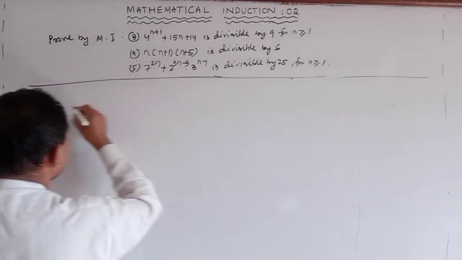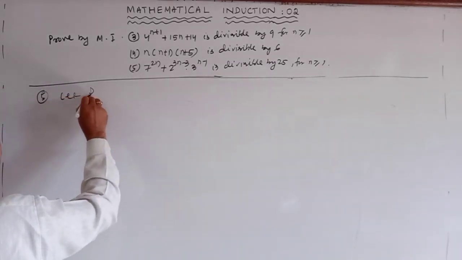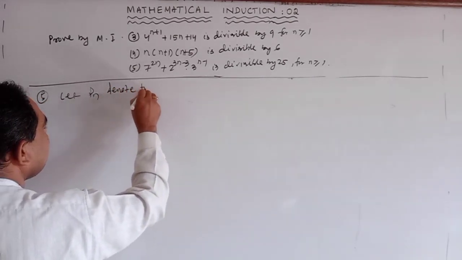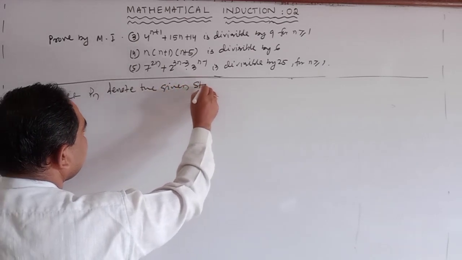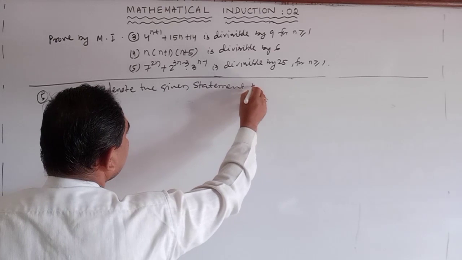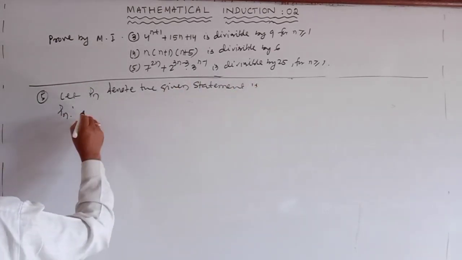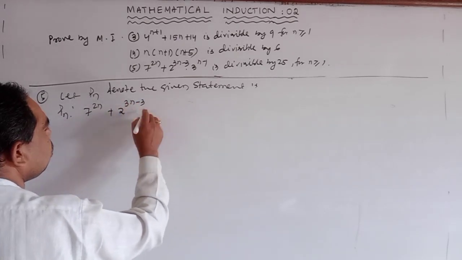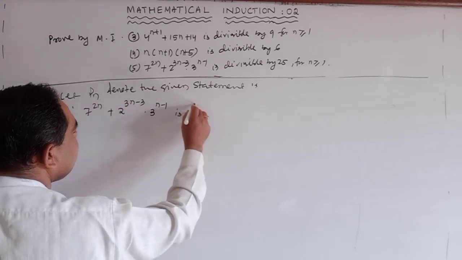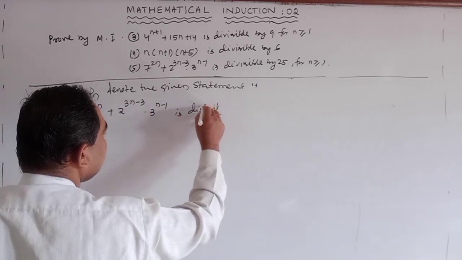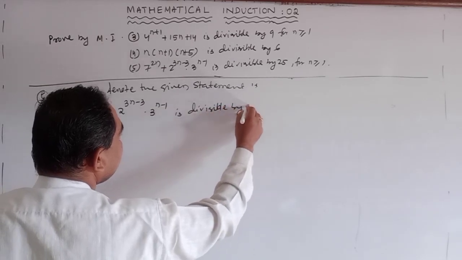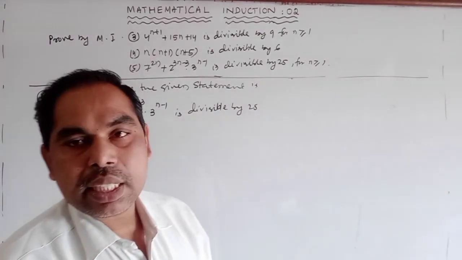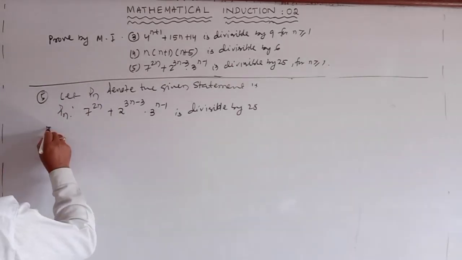Let Pn denote the given statement, that is, Pn such that 7 to the power 2n plus 2 to the power 3n minus 3 into 3 to the power n minus 1 is divisible by 25, for n greater than or equal to 1. So let us take n equal to 1.